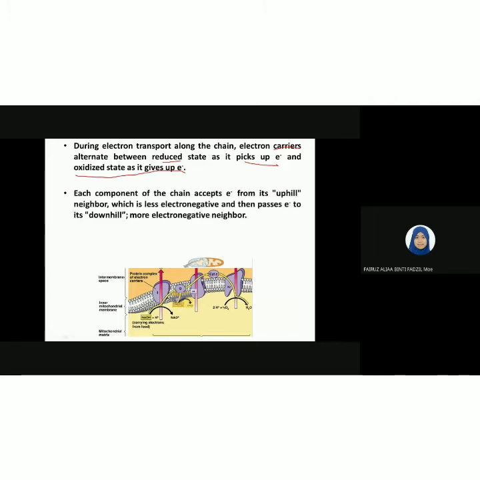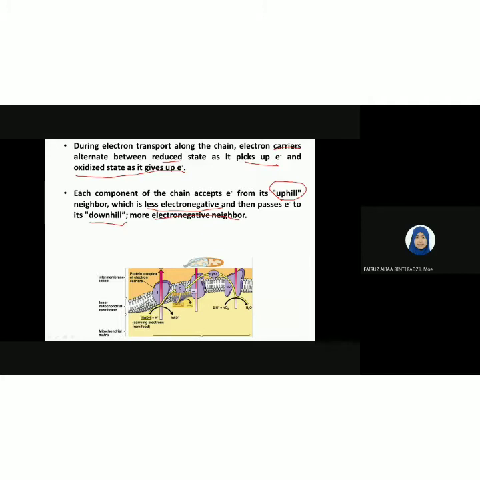So each component of the chain accepts electrons from its uphill neighbor, the one that gives the electron, which is less electronegative, and then passes the electron to its downhill neighbor, which is the more electronegative neighbor. If you see here, complex 1, complex 2, complex 3, complex 4, which complex is more electronegative?